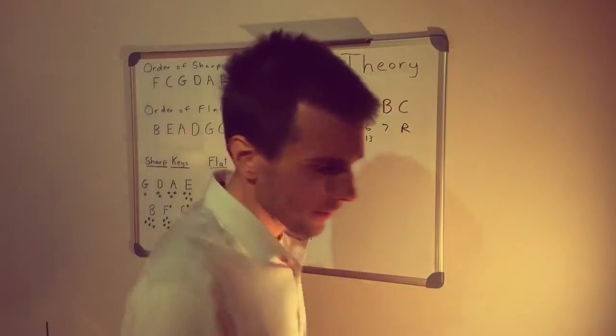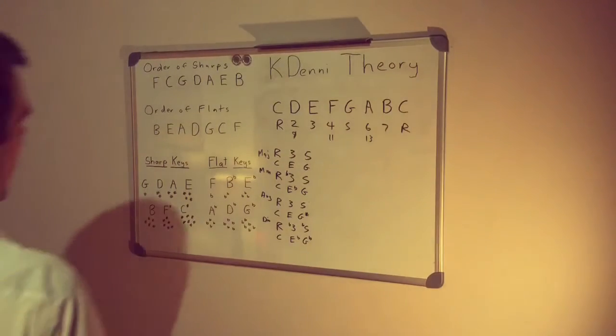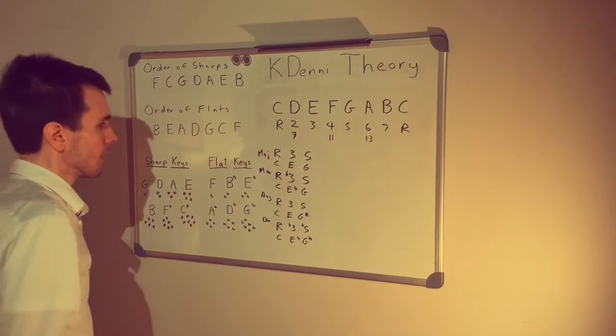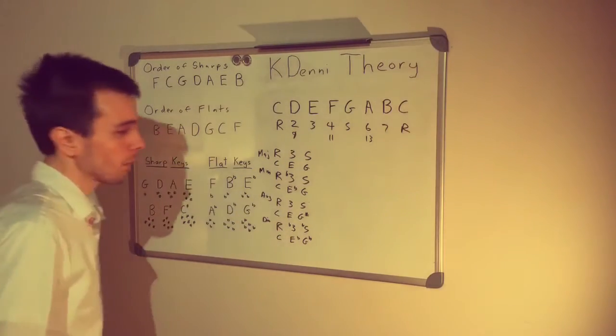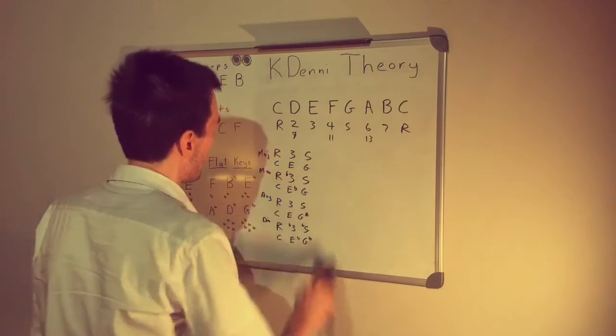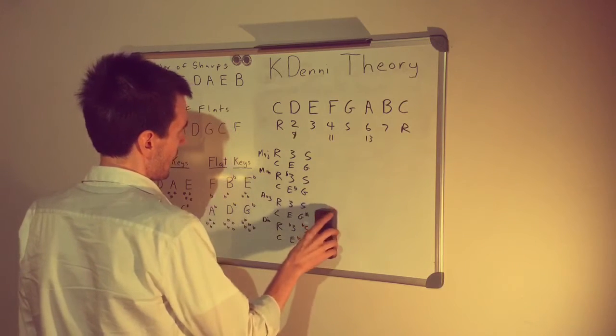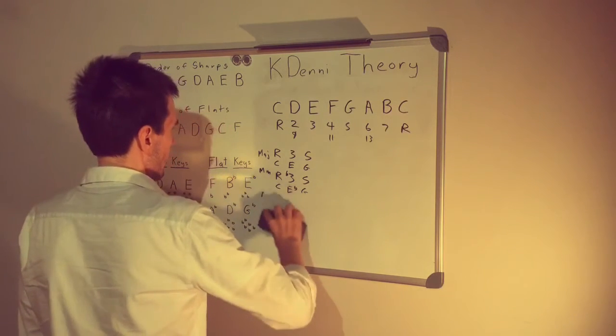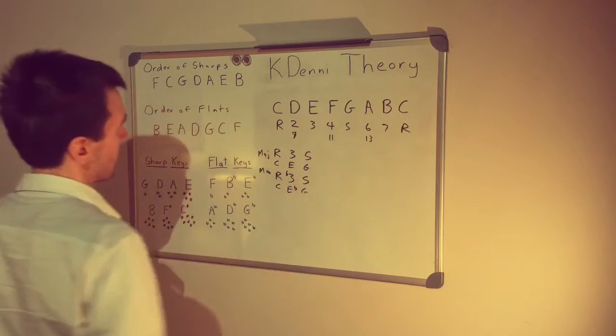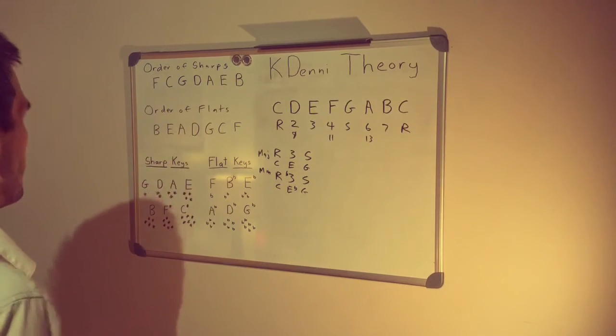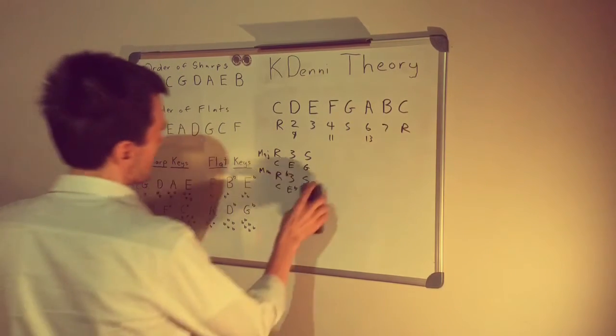Now there are certain three-part chords that will appear far more often than you will ever see an augmented or a diminished chord in popular music. All right, I'm going to keep this major for the time being.